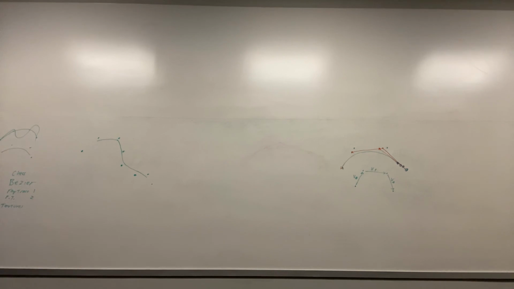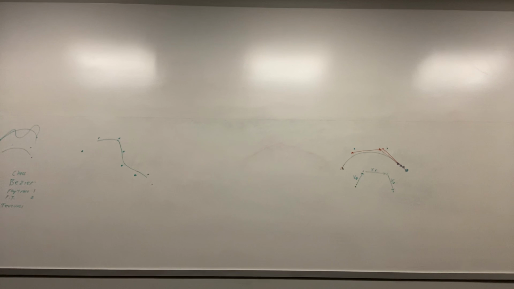What is a NURB? NUB stands for non-uniform B-spline. What do we get with the R? Remember I said weighted Bezier curves are often called rational because they have a denominator.